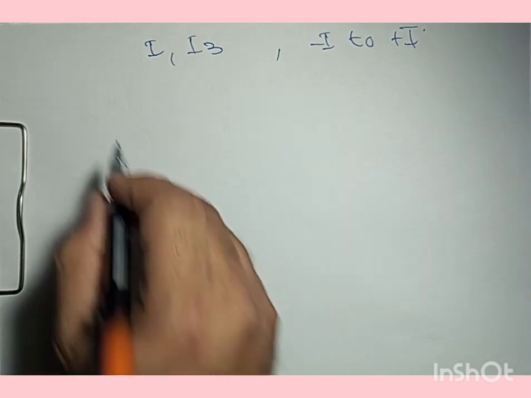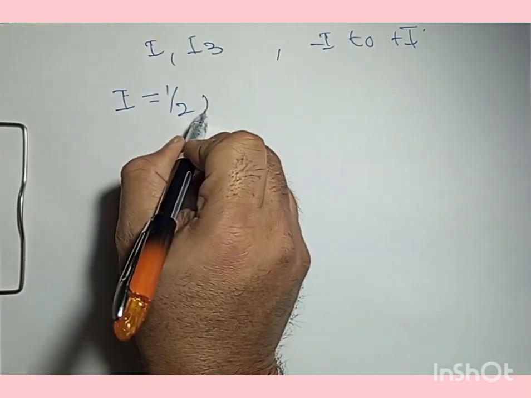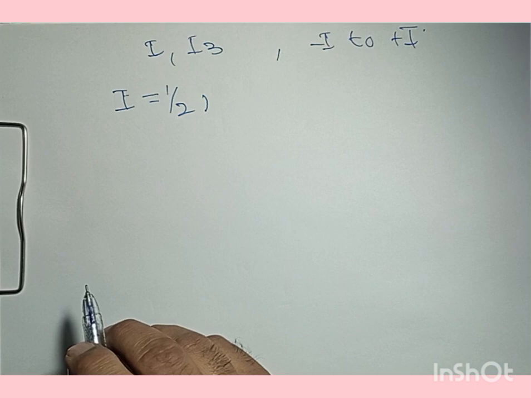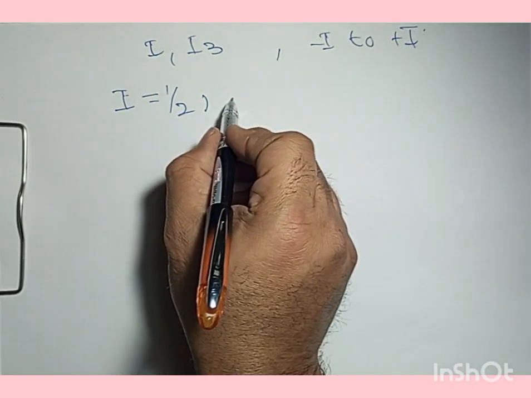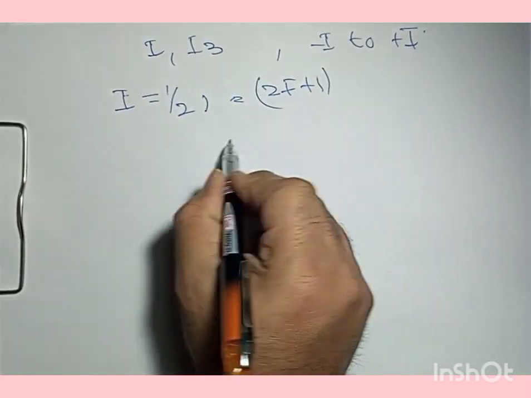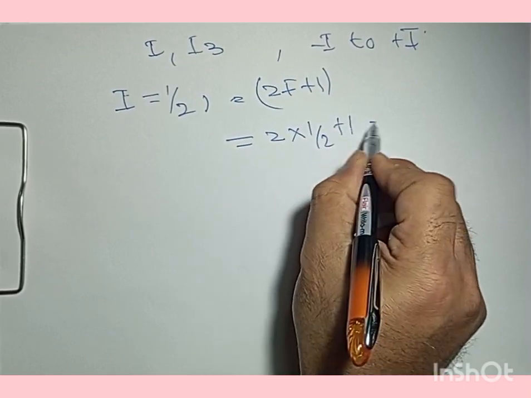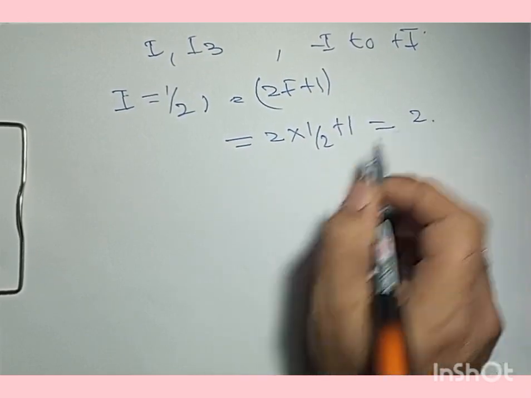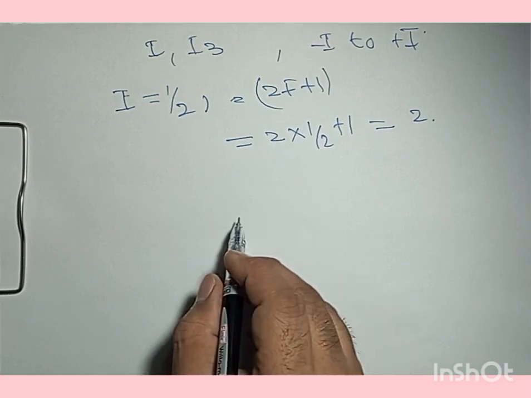Now, for a nucleon which has I equal to 1 by 2, there are two particles in the multiplet. They are 2I plus 1, so 2 times 1 by 2 plus 1, that's going to give us 2. Now what are they? They are proton and neutron.